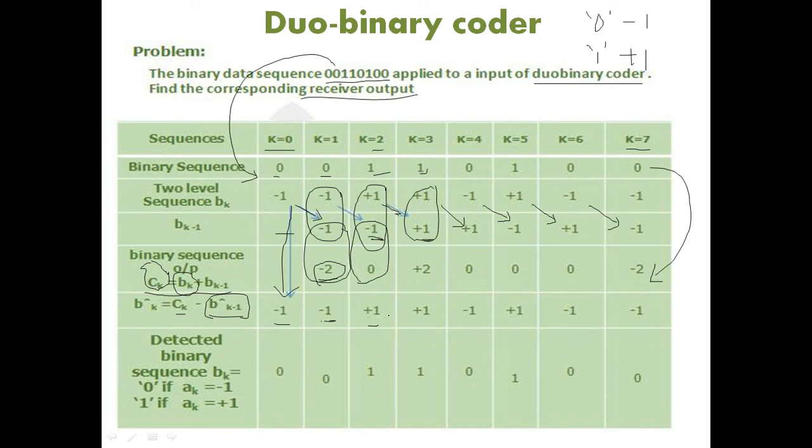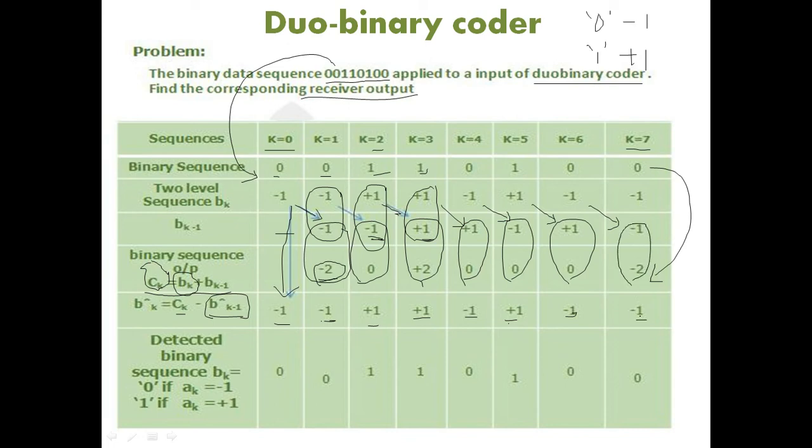Then 2 minus 1 gives plus 1 here. Here 0 minus 1 gives minus 1. And here 0 minus of minus 1 gives plus 1. Here 0 minus 1, the result is minus 1. And here minus 2 minus of minus 1 means minus 2 plus 1, which is minus 1.